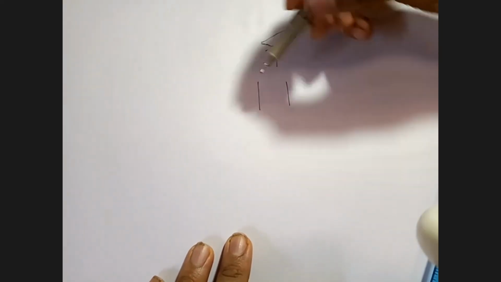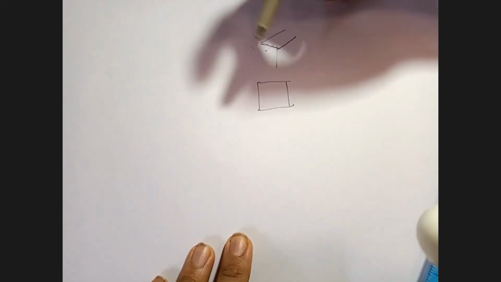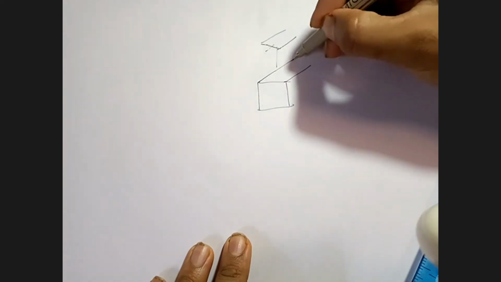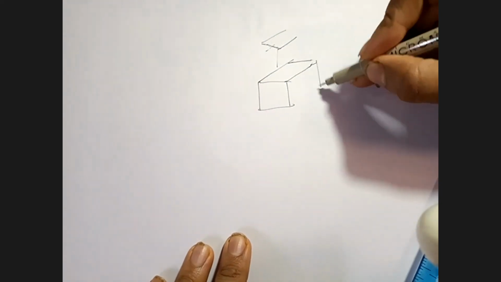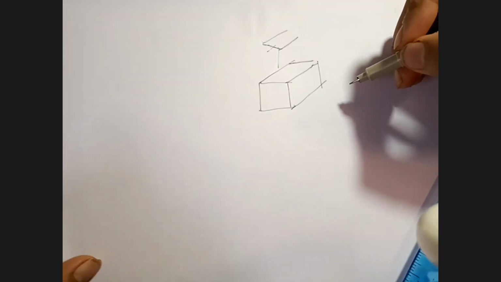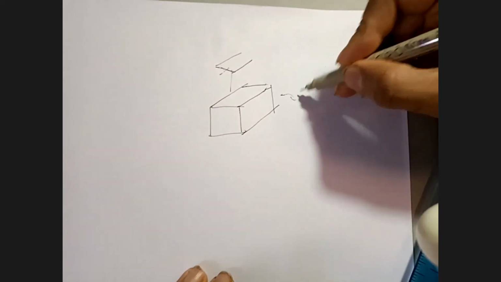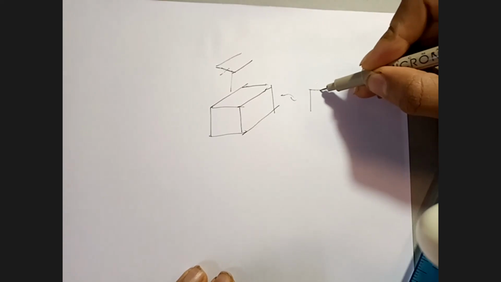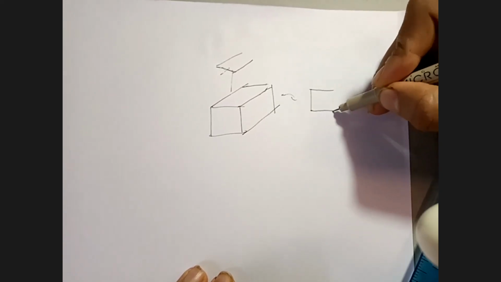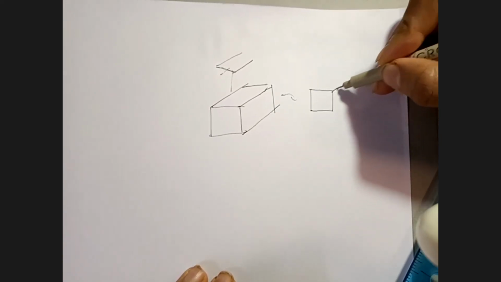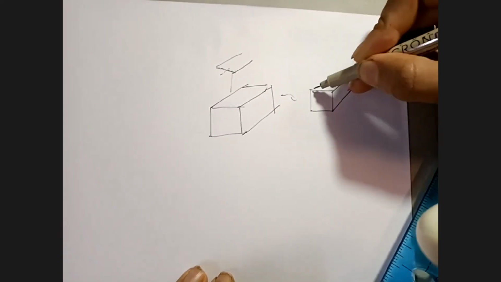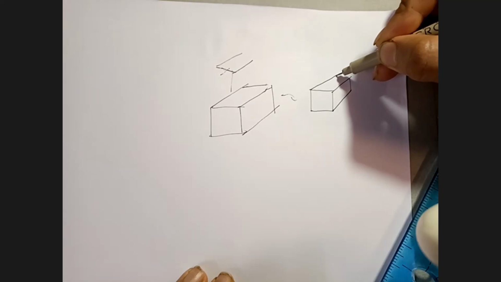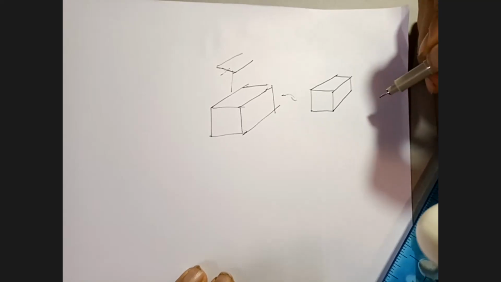See, a simple block here. This is the most basic representation of the block we've learned, right? I can draw it this way, or I can just give it a little sense of depth by just squeezing these ends together. You see this?